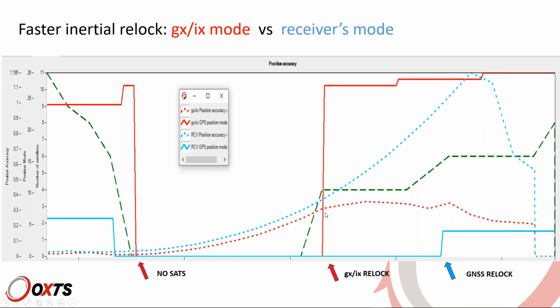But as soon as GXIX relocks, you can see that position accuracy stops drifting and becomes more solid. At this level, we are looking at about 30 centimeters here. The receiver instead has its position accuracy going on and on in its drift. So it gets worse and worse, up to more than a meter. So that's an example of what quicker inertial relock can give you.